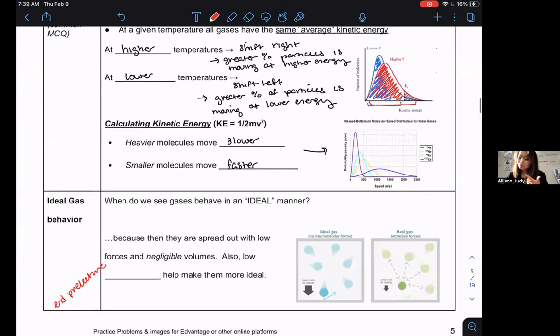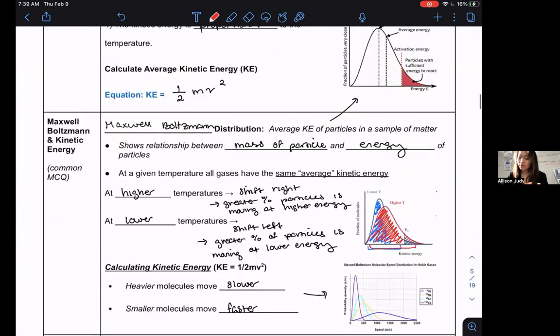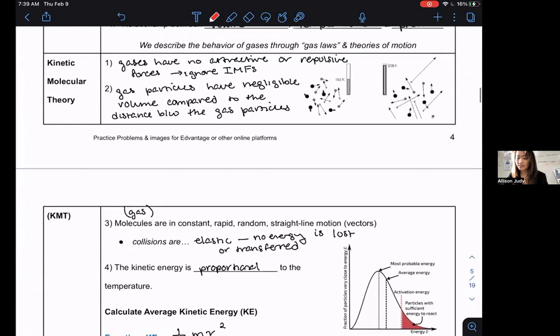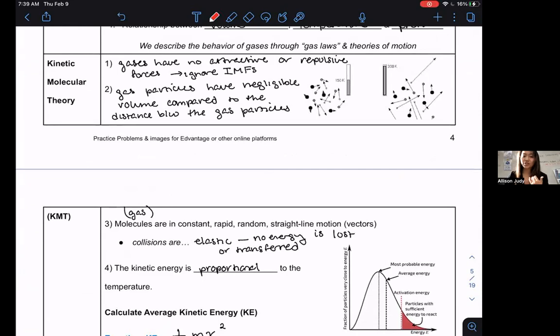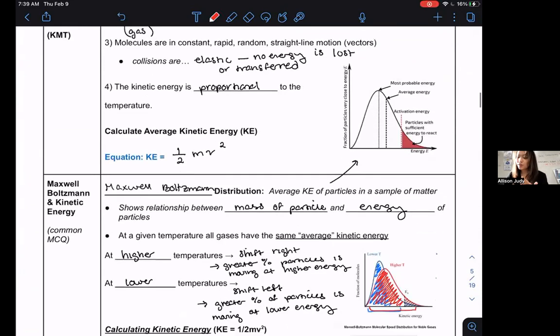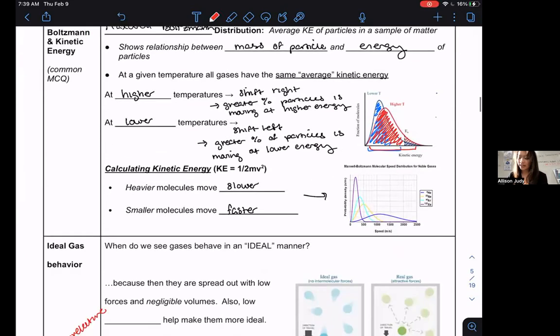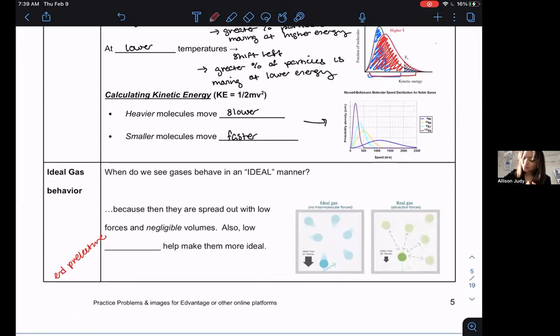But remember, with the kinetic molecular theory, we had a lot of assumptions about gases. One of the main ones is that there's no IMFs. So we call this ideal behavior.